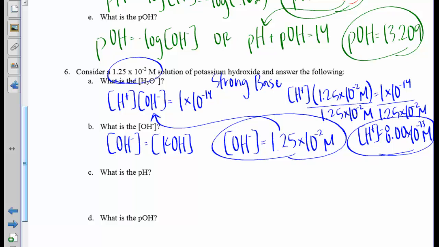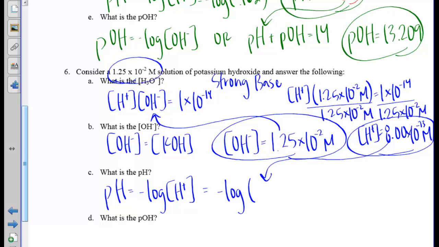So looking at the pH, we know that the pH of a solution is equal to the negative log of the hydrogen ion concentration. So to calculate the pH of this solution, we take the negative log of and then plug in our hydrogen ion concentration, which is 8.00 times 10 to the minus 13th, and solve.